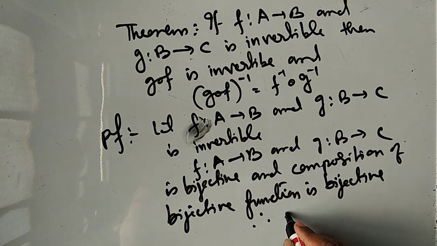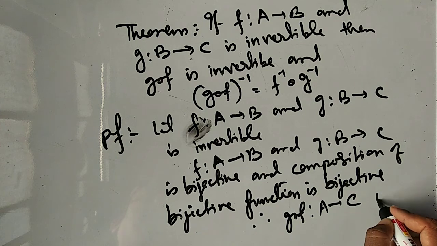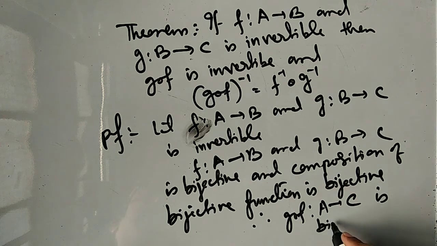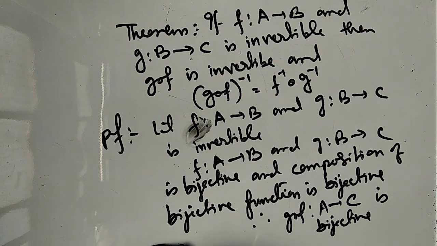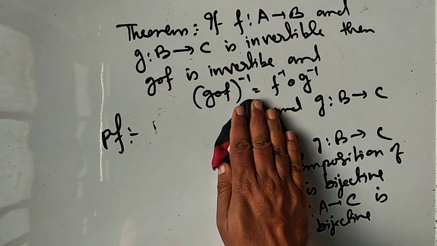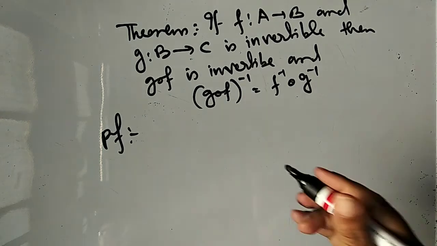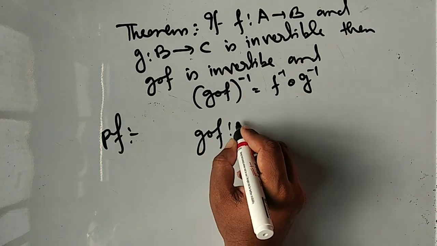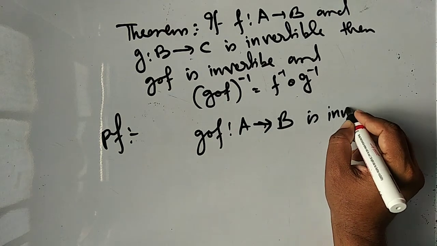Therefore, g of f from A to C is bijective. Again, by the last theorem, every bijective function is invertible. It follows that g of f is invertible. Okay, what does this mean? g of f from A to C is invertible.